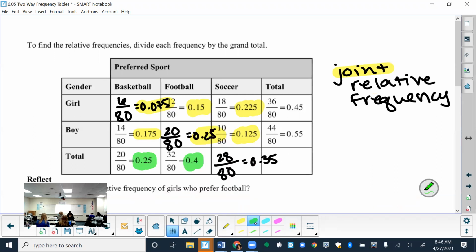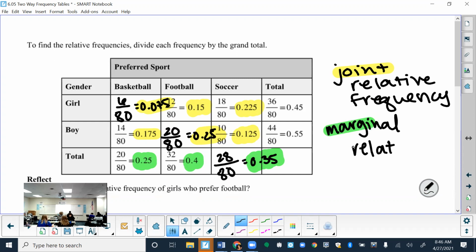So what I'm highlighting in green is my marginal relative frequency. Last box, the grand total, should equal 1. So what's the fraction here? That decimal total ends up being 1.